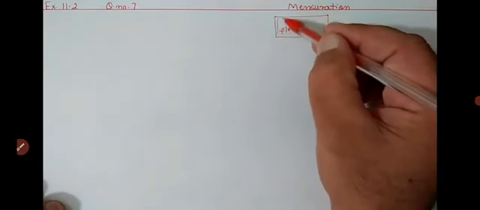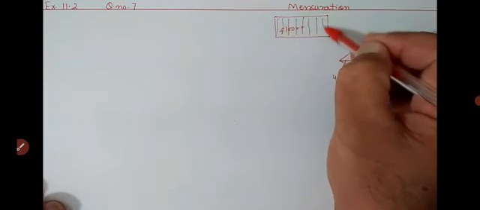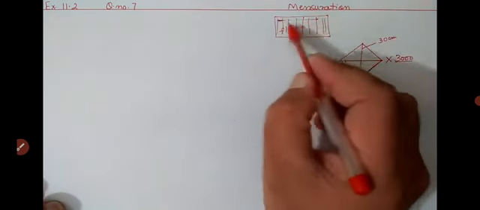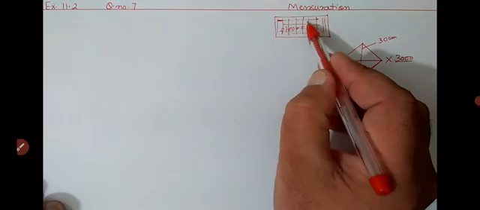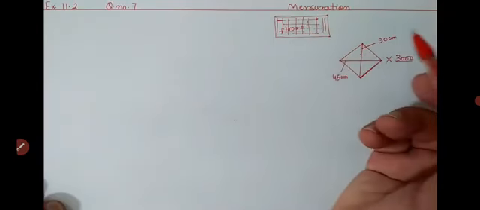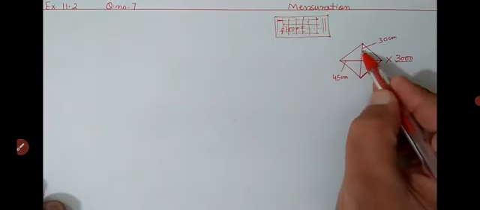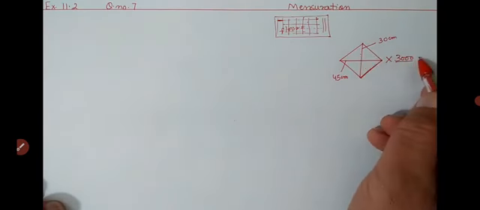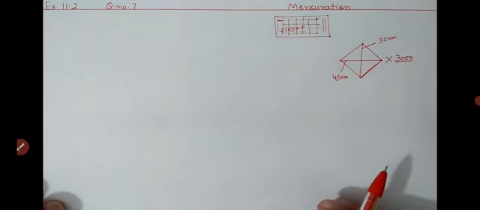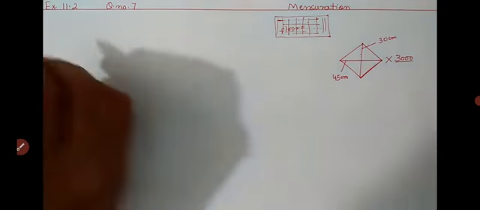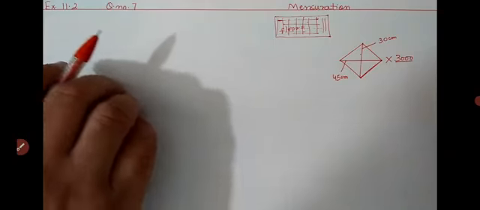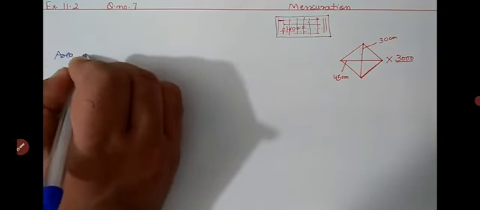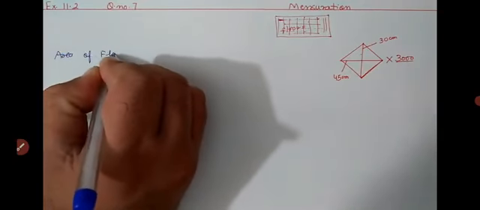फ्लोर में हमें कितनी टाइल्स हैं? 3000 टाइल्स हैं. Okay, if there is a floor of this type with 3000 tiles which are rhombus shaped, and each of its diagonals, the diagonals of each tile, is given. So what we have to find is the total cost of polishing the floor if the cost per meter square is rupees 4. Okay, so what we can do here, we know the area of floor.